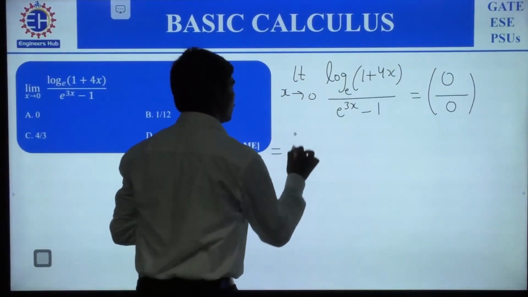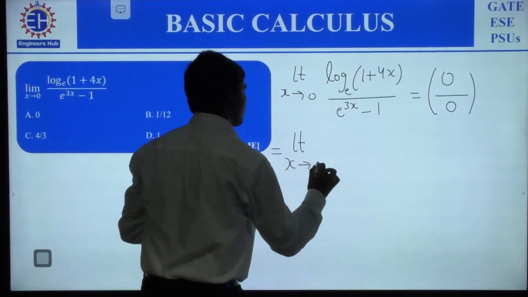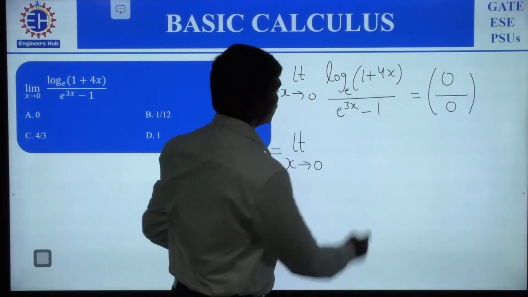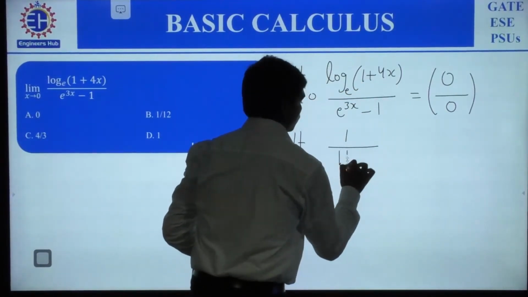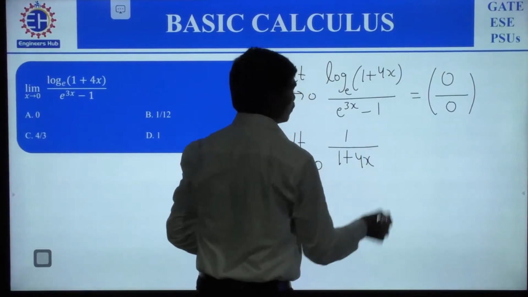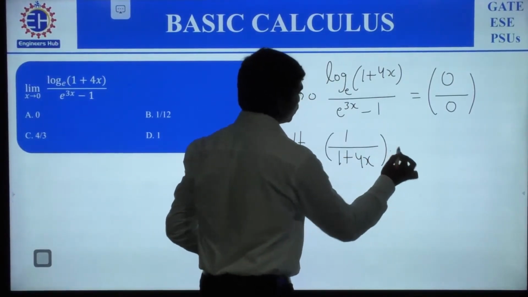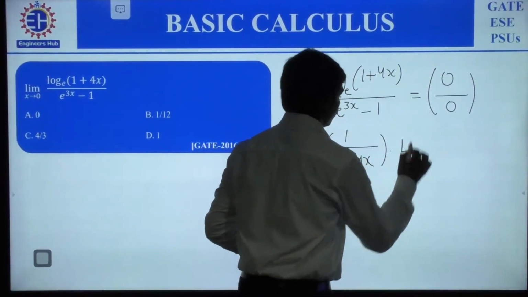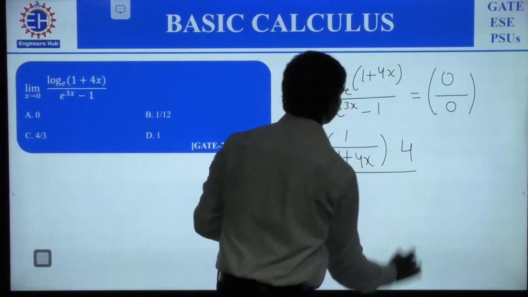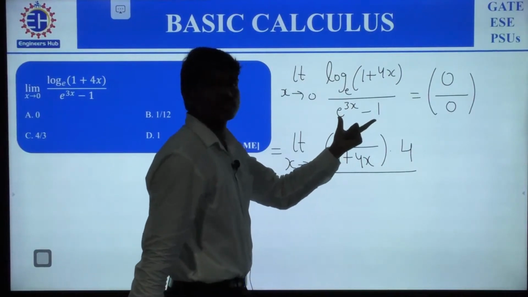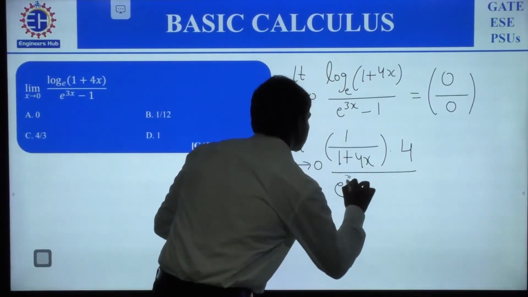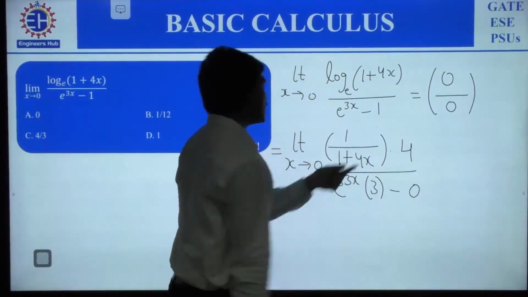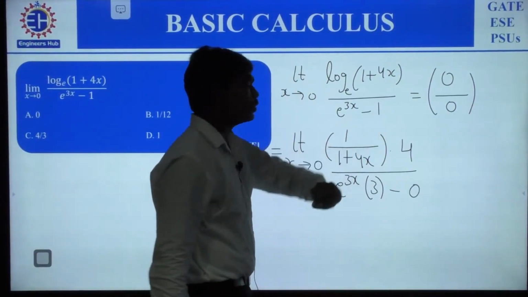So if you apply that, limit x tends to 0, what's the derivative of log of 1 plus 4x to the base e? 1 by 1 plus 4x into the inner derivative of 1 plus 4x, which is 4, divided by the derivative of e power 3x, which is e power 3x into 3, minus 0, because differentiation of 1 is 0 with respect to x.